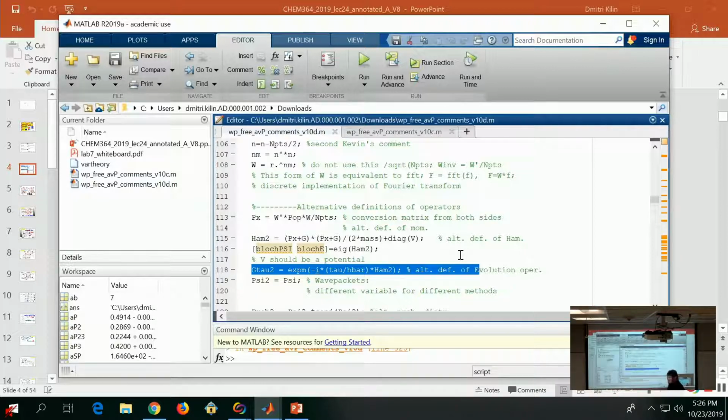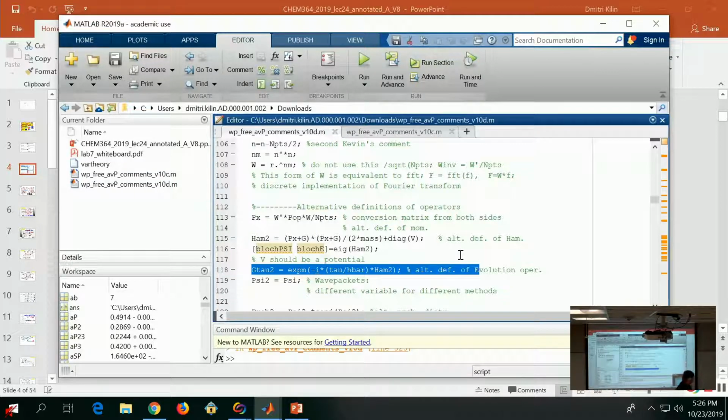It's an abbreviation for Hamiltonian, right? And you can guess that by applying this g tau to the wave function, one will get propagation in time for as long a duration as defined by the variable tau. Okay? So as soon as you possess some CHEM, you can do the g tau evolution operator, right?